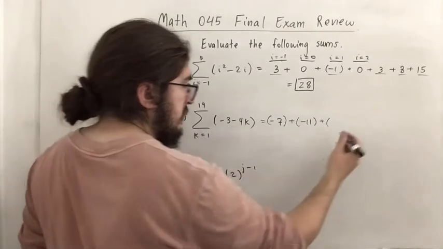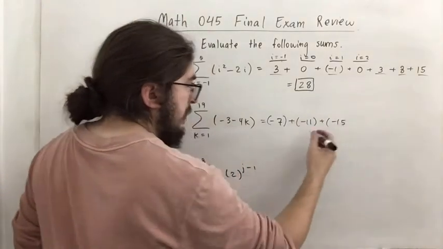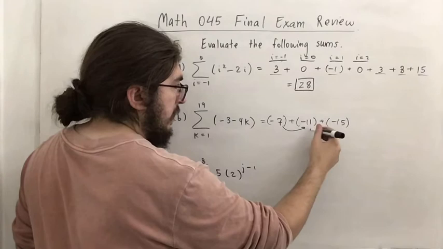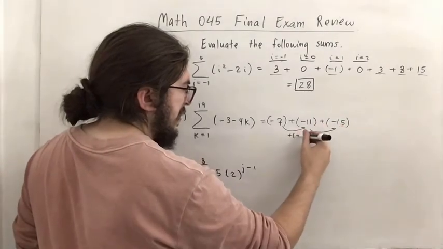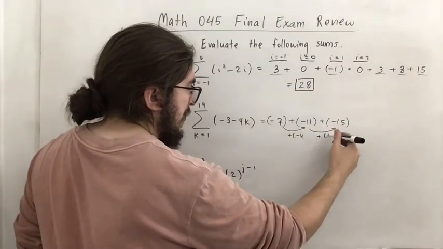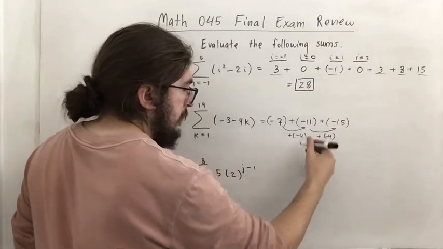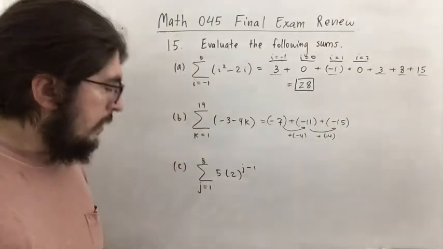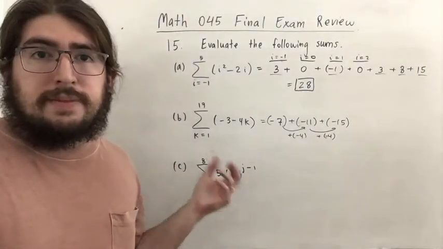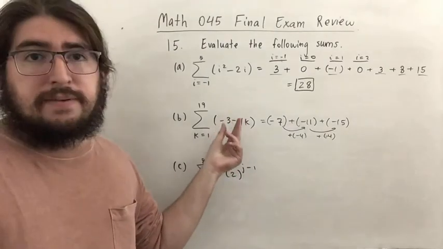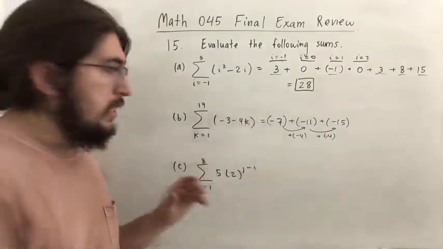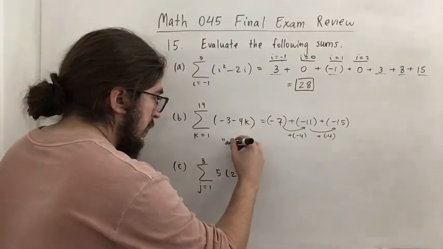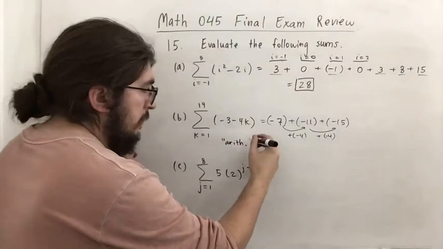Negative 3 minus 12 is negative 15. And you can clearly see that we're adding negative 4 each time to get to the next term in the sum. Now, you can tell ahead of time that's what's happening because it's a negative 4. So I know this is indeed an arithmetic sequence, or an arithmetic sum, really.